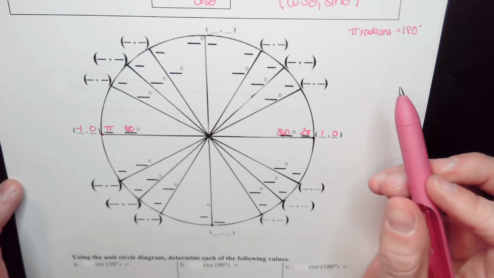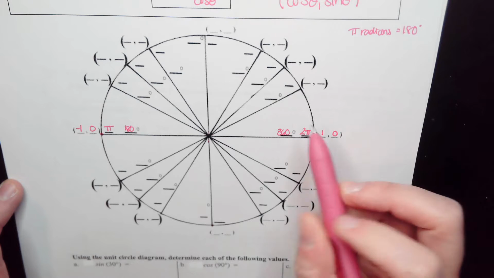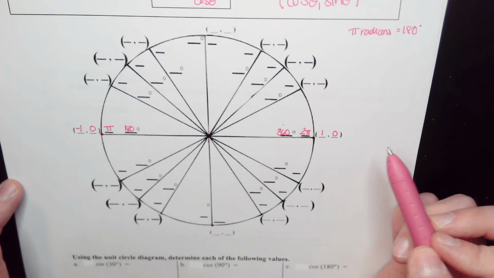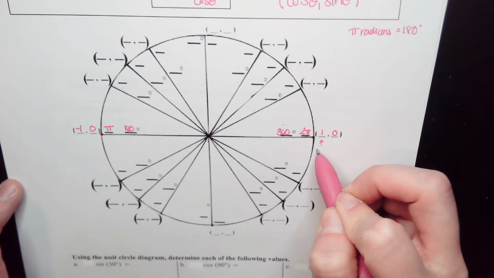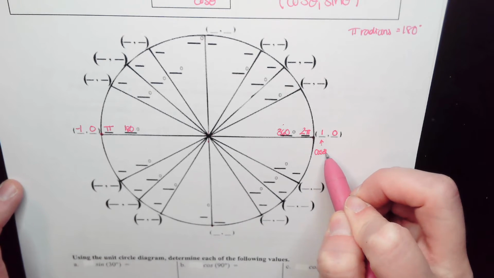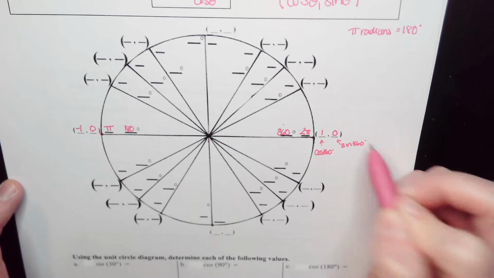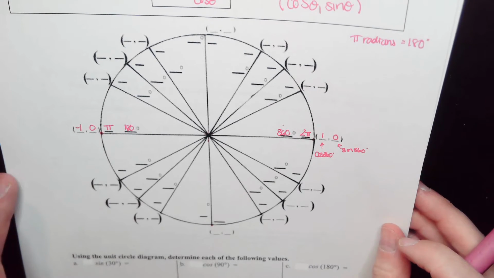So again, what that means is the cosine of 2 pi is 1, and the sine of 2 pi is 0, or the cosine of 360 degrees is 1, the sine of 360 is 0. So again, this is the cosine of 360 degrees, and this is the sine of 360 degrees. And that's what all of these ordered pairs are going to tell us, the cosine and the sine.